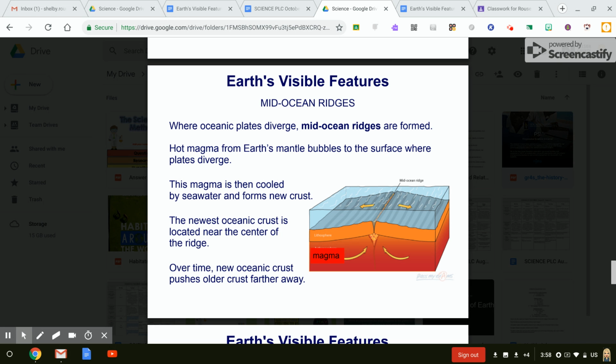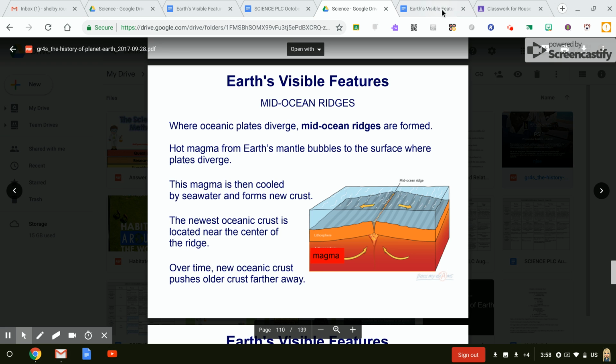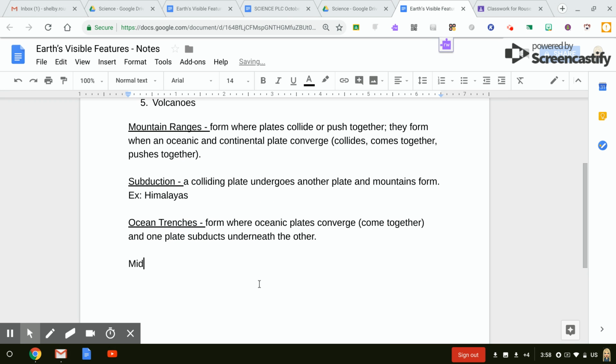Over time, new oceanic crust pushes older crust farther away. So we are going to define mid-ocean ridges. And these form where oceanic plates diverge.